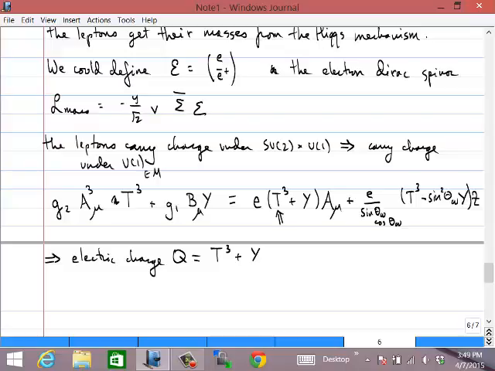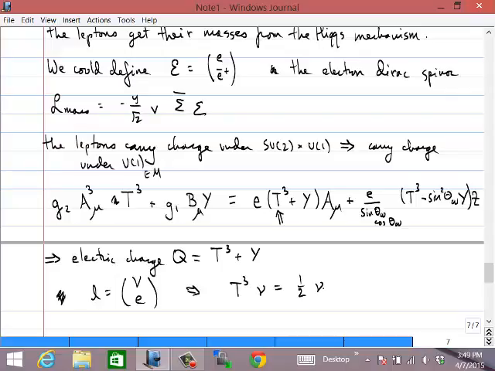So in particular, if you think about, for example, the neutrino, L, the lepton doublet, was a neutrino on top and an electron on the bottom. So the neutrino has a T3 charge equal to plus 1/2, whereas the electron, if you acted on it with the third Pauli matrix divided by 2, would be minus 1/2.